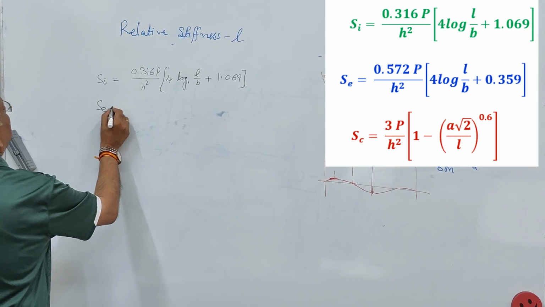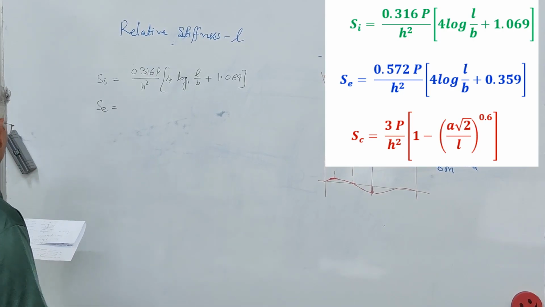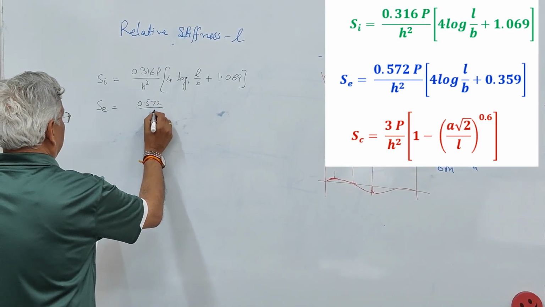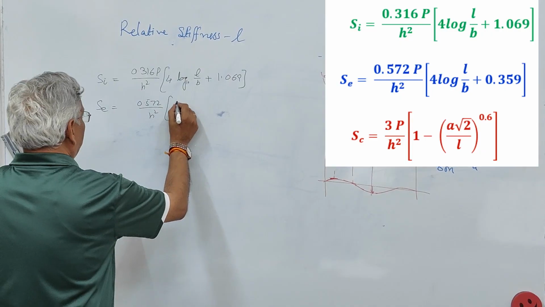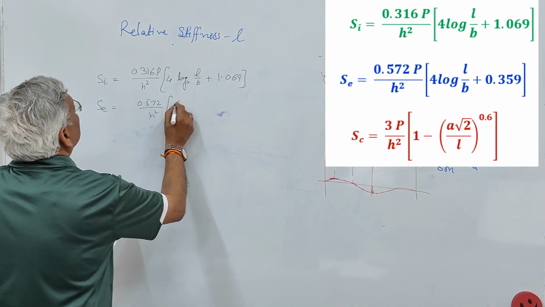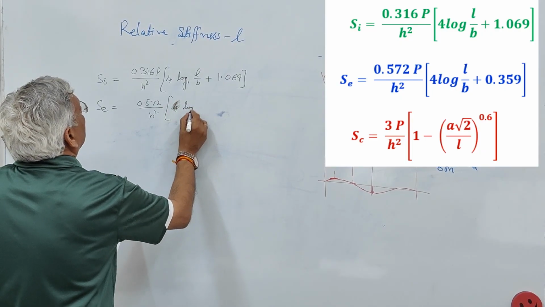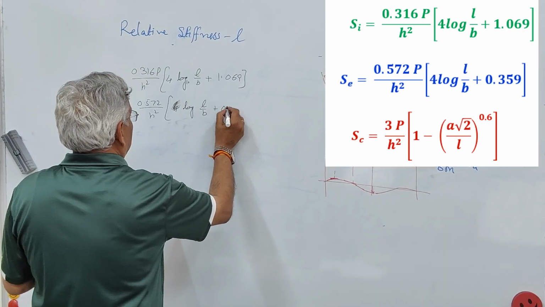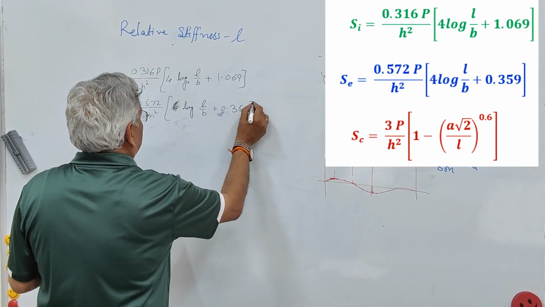The edge stress will be 0.572 P upon H square into 4 log L by B plus 0.359.